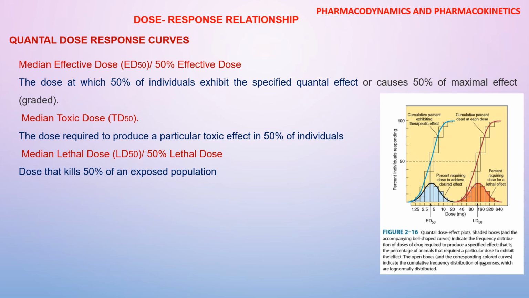Median toxic dose or TD50 value is the dose required to produce a particular toxic effect in 50% of the individuals. Median lethal dose or LD50 value is the dose that kills 50% of an exposed population, as shown in the graph. A dose around 150 would actually kill 50% of the exposed population.